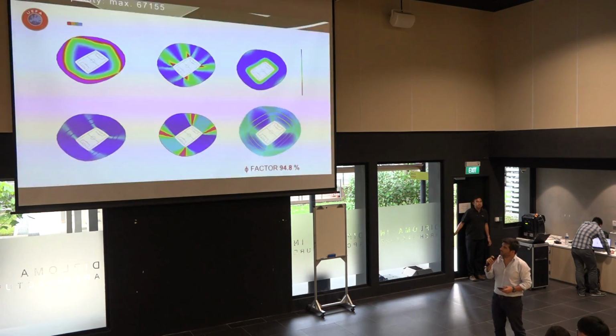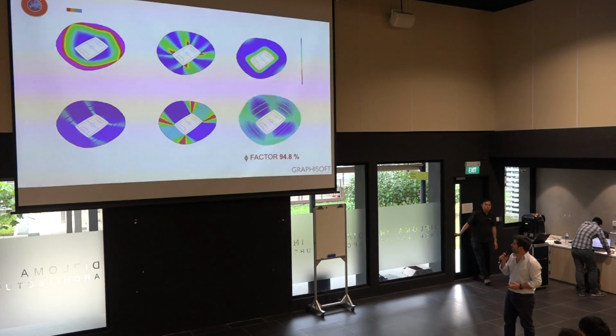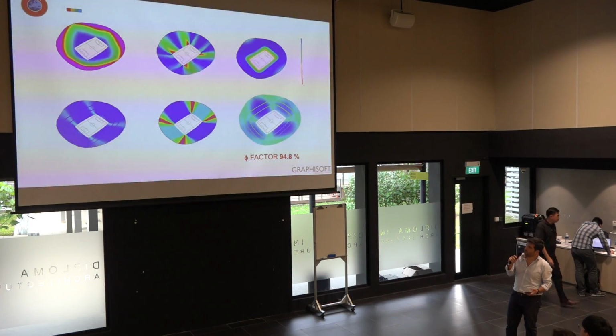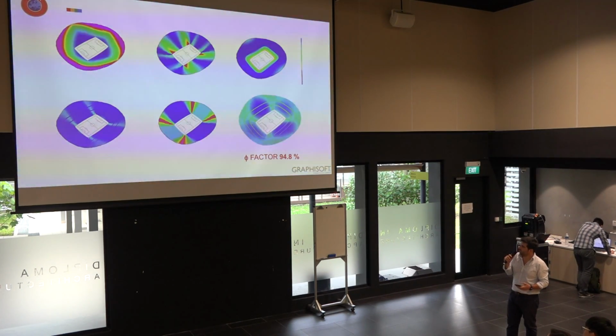Okay, another thing that is very important in this type of building is the quality of the view. UEFA wants them to always come out with this index of view quality factor, so they always need to be above a certain percentage. In this case, they had 94.8% of view quality.